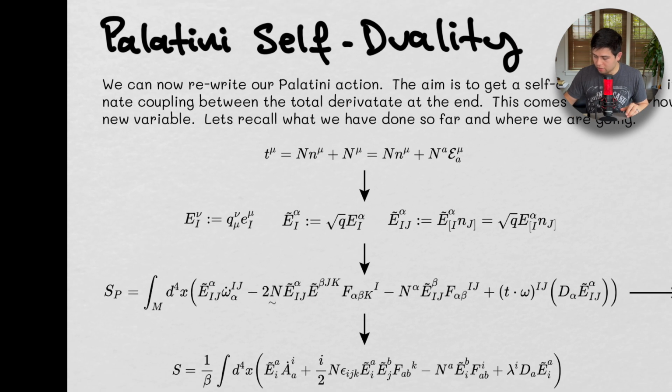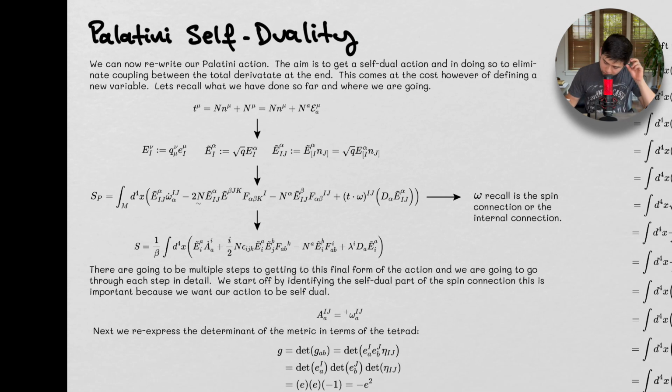And we're going to talk about self-duality also, because I realize now that self-duality is something that I've just kind of defined, and we haven't really talked about it in depth. We're going to talk about it a little bit in this video. So let's keep on going here. The aim is to get a self-dual action.